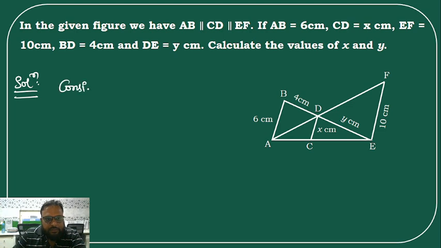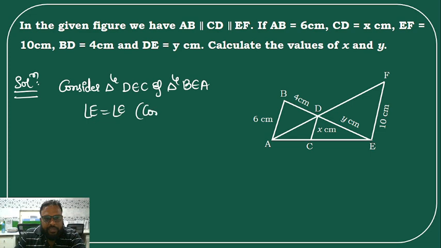Consider triangle DEC and triangle BEA. You can see here that angle E is equal to angle E, that is a common angle. Since CD is parallel to AB, angle CED and angle AEB become corresponding angles.